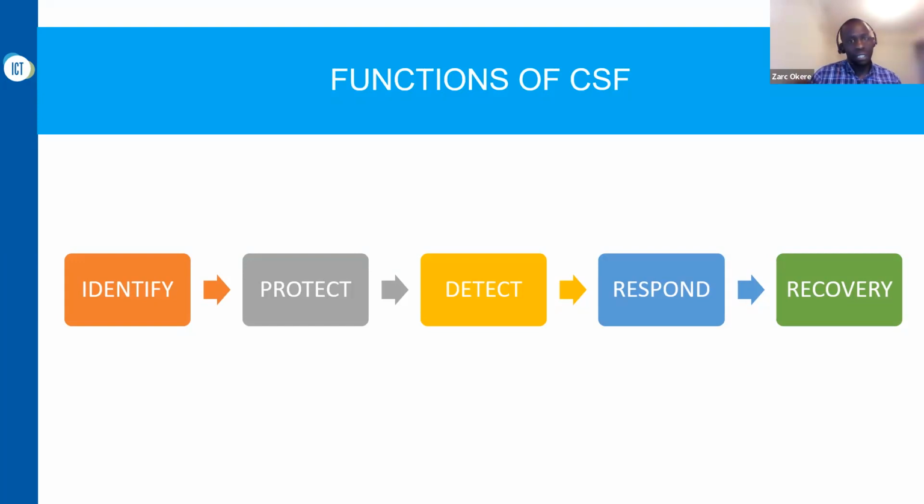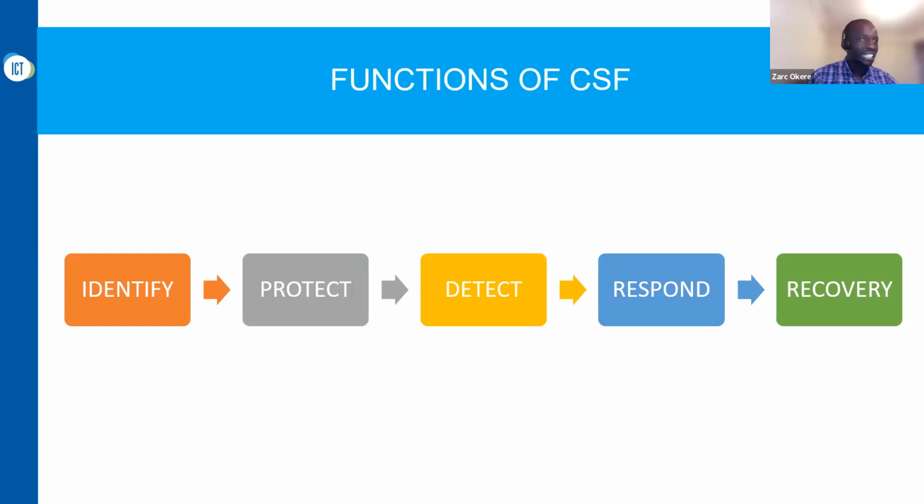Protect is a function of the cybersecurity framework, as it acts as a shield to ensure the conveyance of this essential information, foundation and administration, which underpins the ability to mitigate the effects of a potential cybersecurity threat. Then the third step is detect, which refers to the proper exercise to identify the event of a cybersecurity experience.